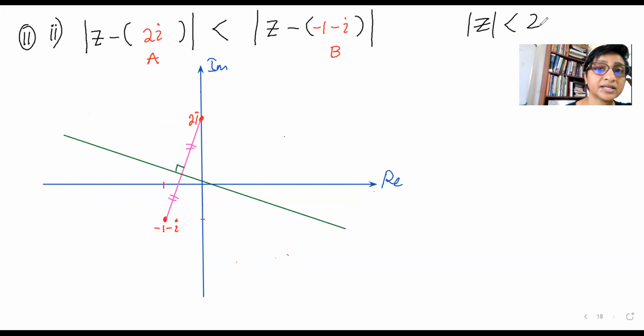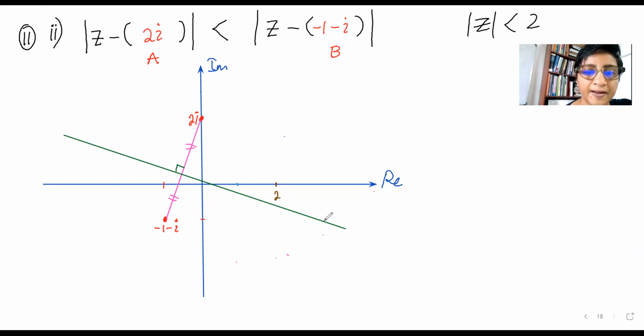Oh, wait. So where is that? Where is two? Two would be right somewhere here. Oh, it's not two. It's the circle two. So, does this line pass through the origin? Does this green line pass through the origin? I don't think so.